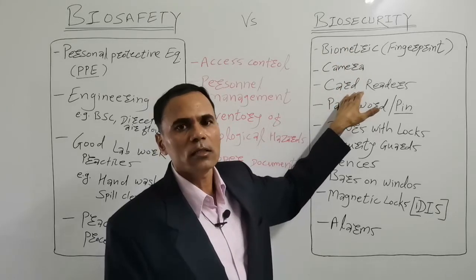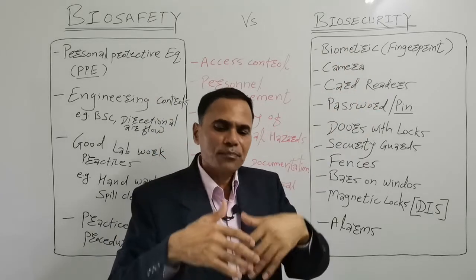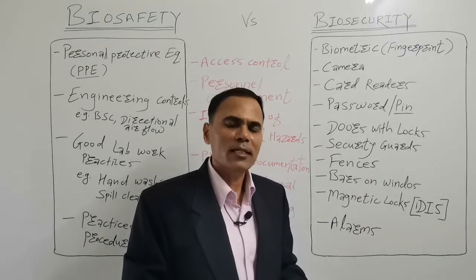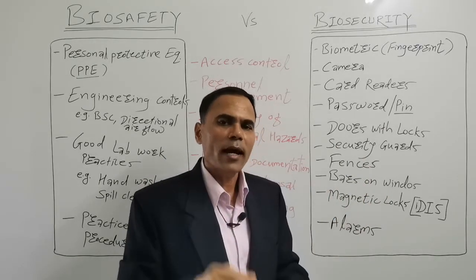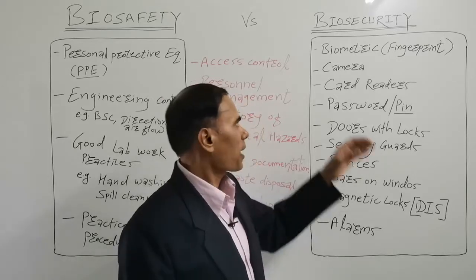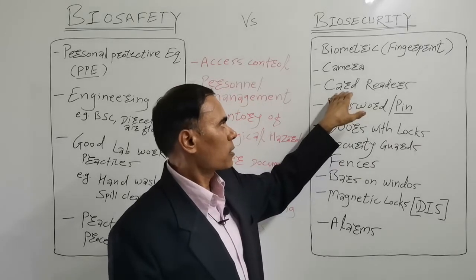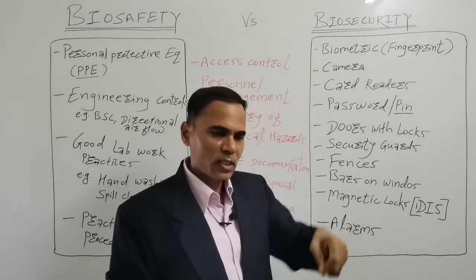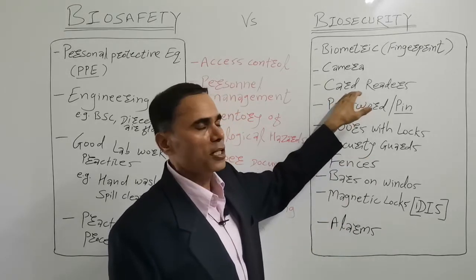Then card readers: each and every laboratory staff member of that company or biocontainment facility will have an ID card with a barcode, and by swiping that card they will get access.